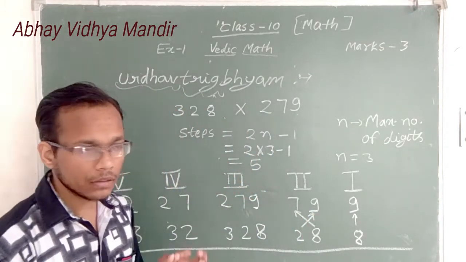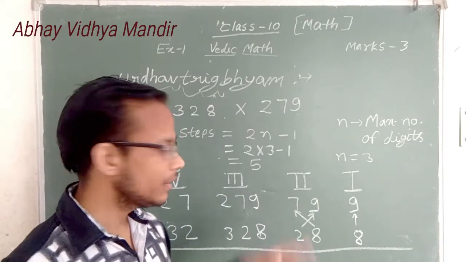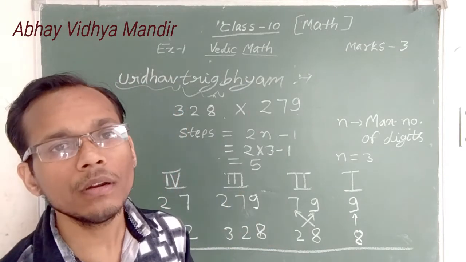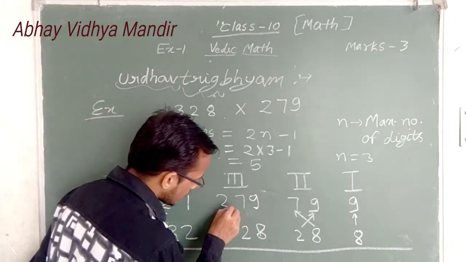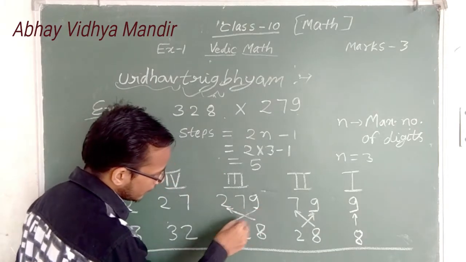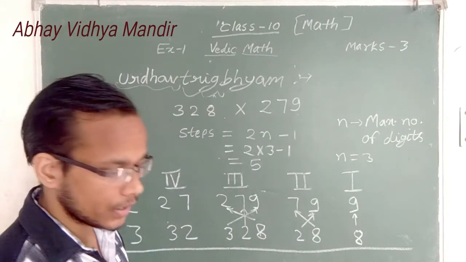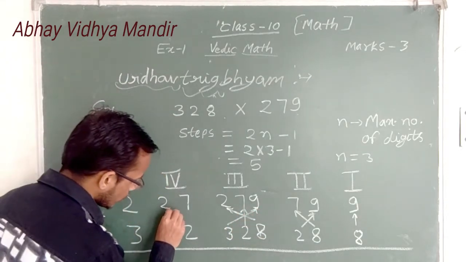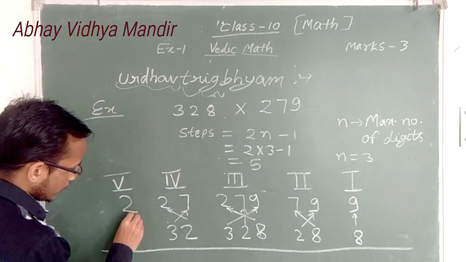Wherever we get only a single number, we multiply vertically, otherwise we multiply cross. So in 3 digits, we do cross and then vertically, and then in the 2 digits again cross.